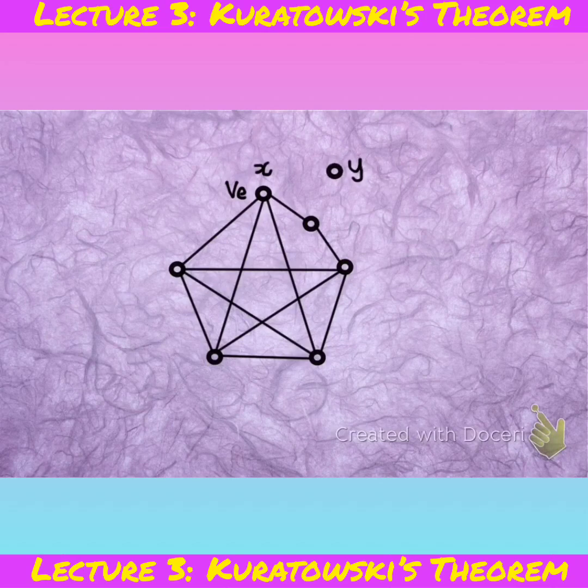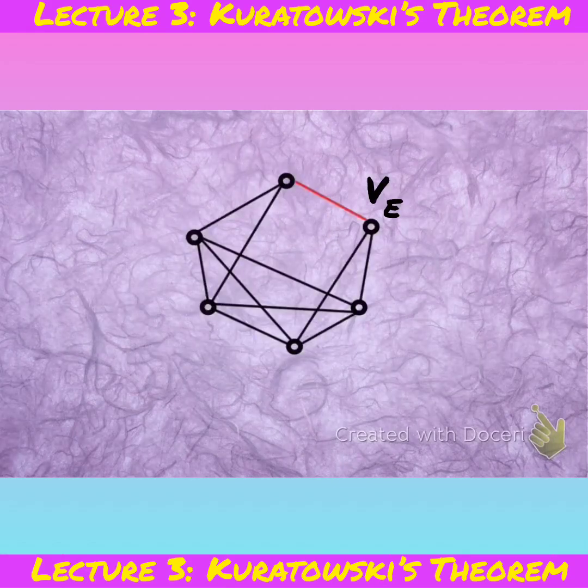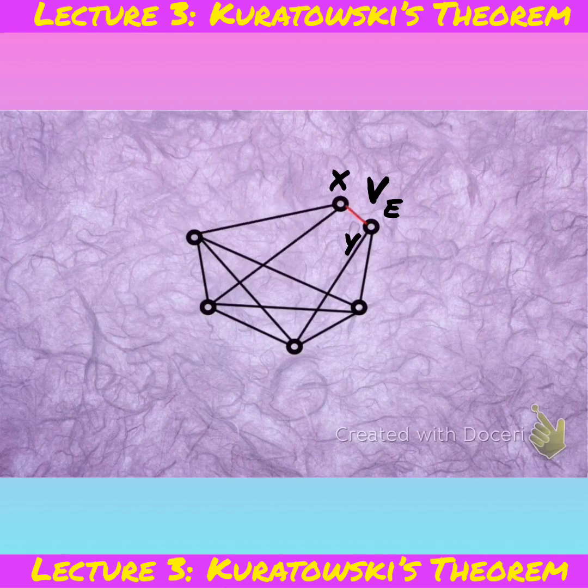There we've got Y, and we are contracting the edge XY, merging Y and X. Or Y could be that vertex there, and we contract the edge XY, merging the vertex Y into the vertex X. Next we have the second scenario, where neither X nor Y is equal to the vertex VE, and we are contracting XY into a single vertex, which is now VE, the vertex on H that has degree at least 3.